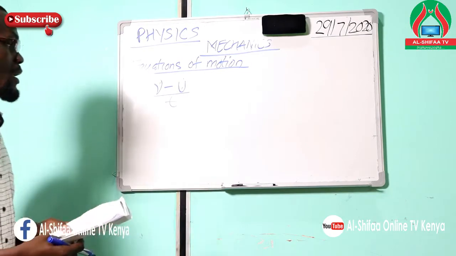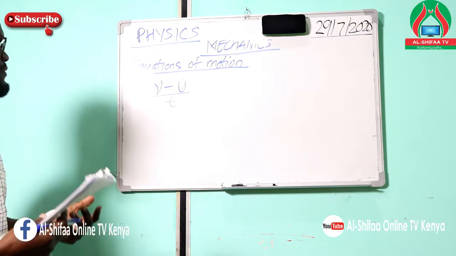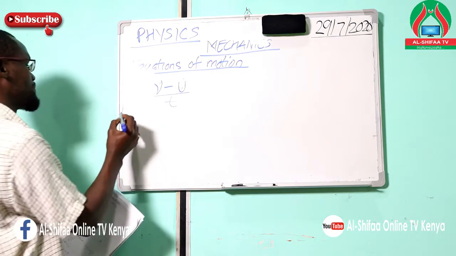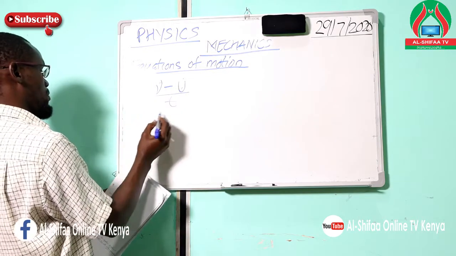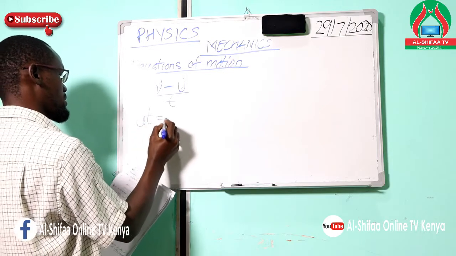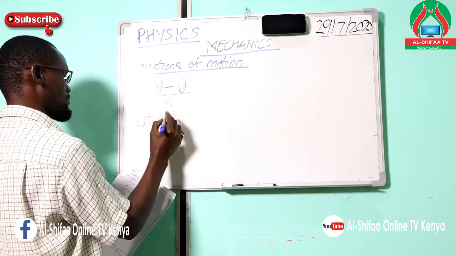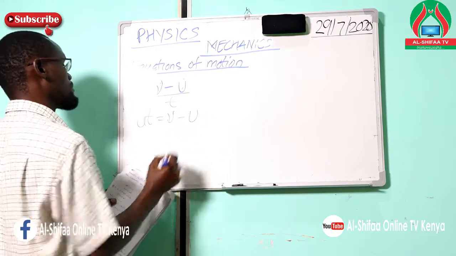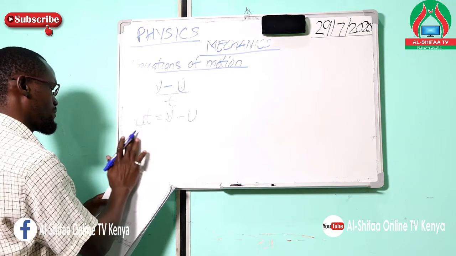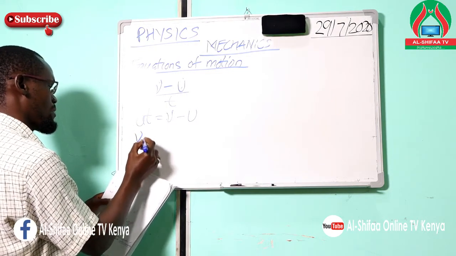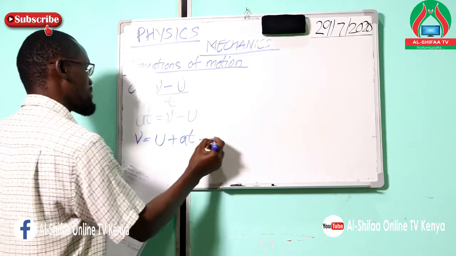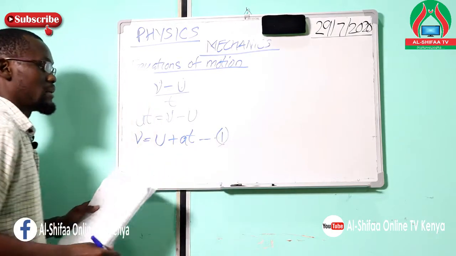So from this, we derive the kinematic equations, whereby the first one, when we have it, we get at is equal to v minus u. Making v the subject, we get v is equal to u plus at. This becomes our first kinematic equation.